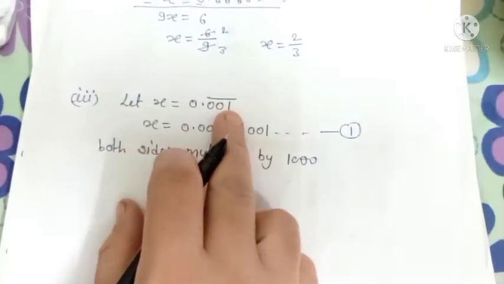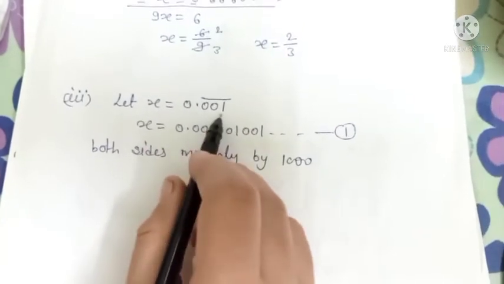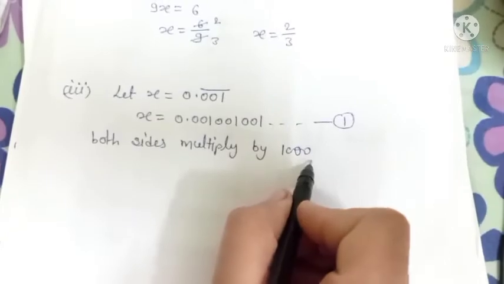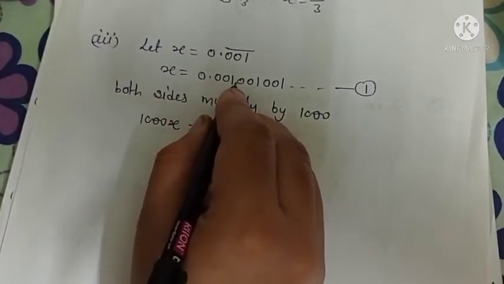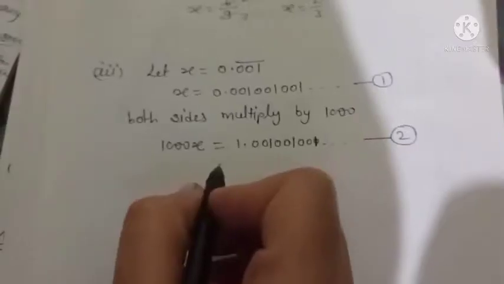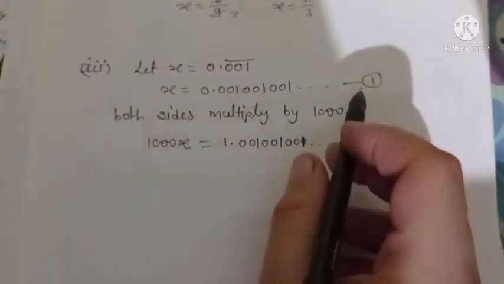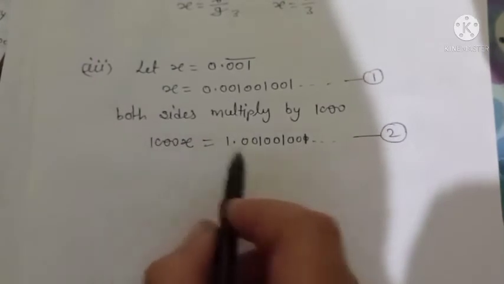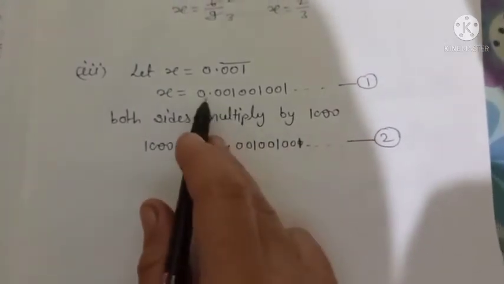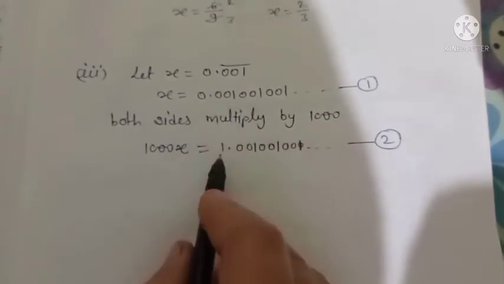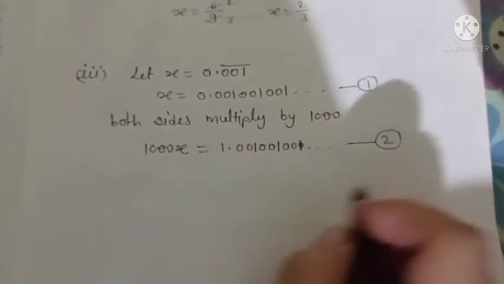Why do we take 1000? Because there are 3 terms which are repeating, so we take 1000. The decimal jumps after 3 digits, and it becomes 1. Both sides multiplied by 1000, then the equation becomes 1000x is equal to 1.001001001 and so on.